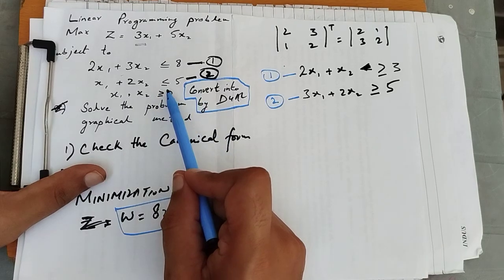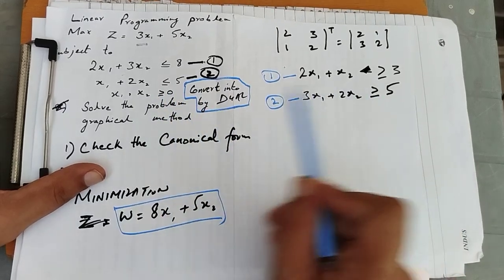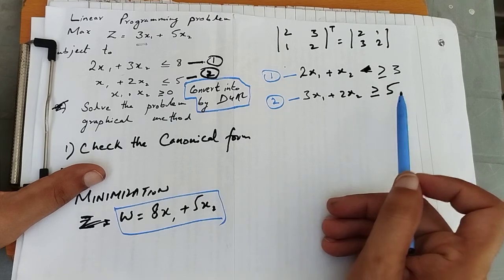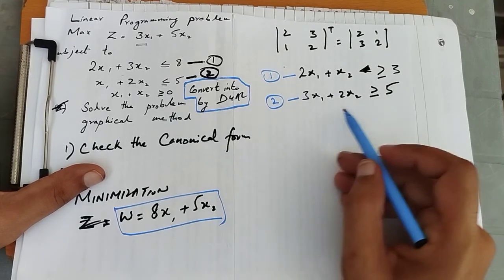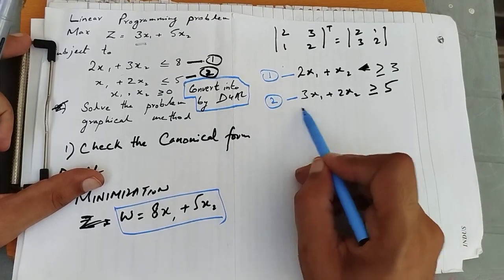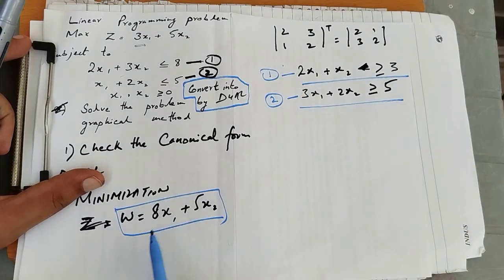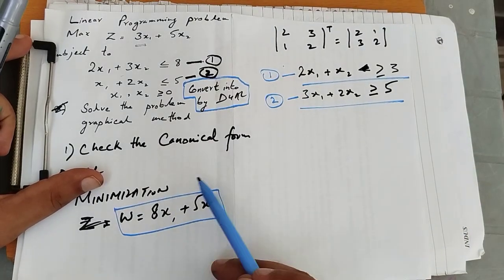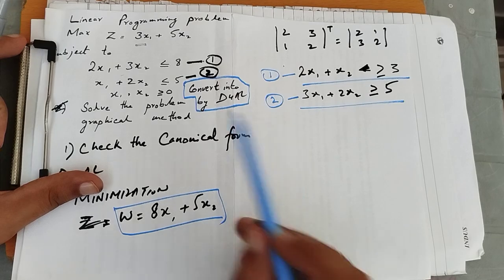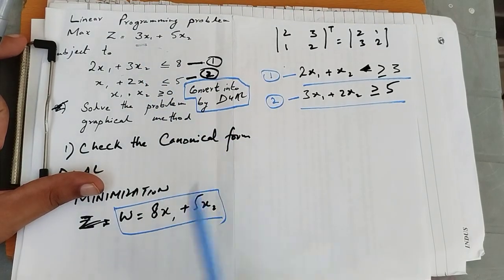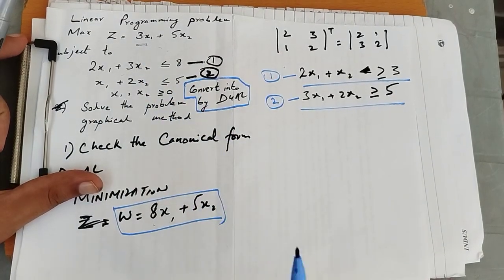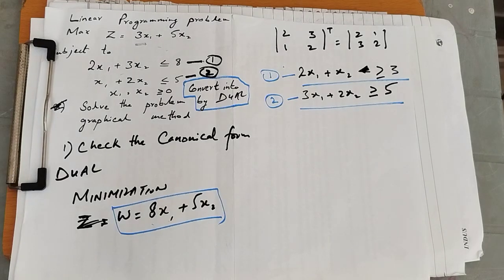The less than inequality is changed to greater than, and the 5 remains 5. So you see, these are the new ones. The objective function is changed from 3x1 plus 5x2 to 8x1 plus 5x2. So we are done with this.